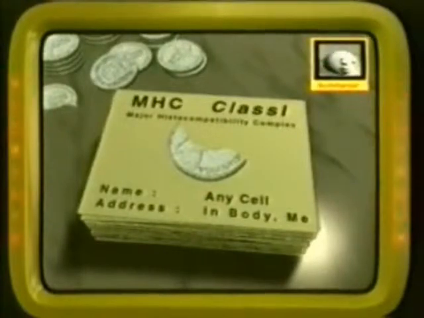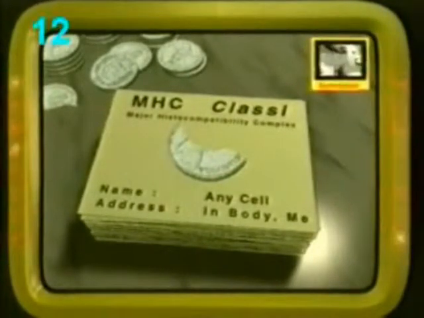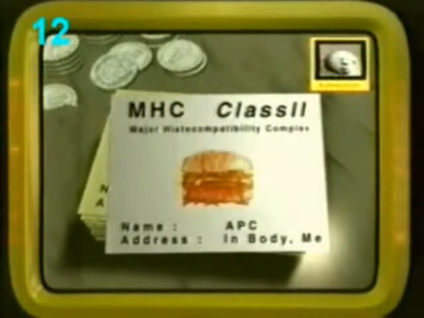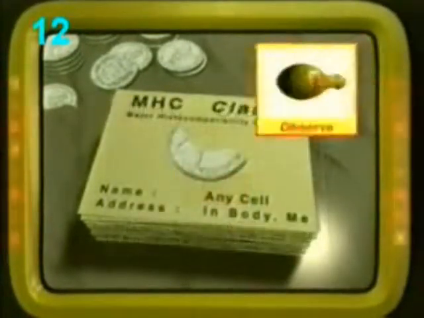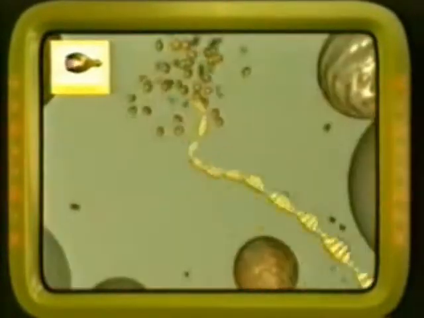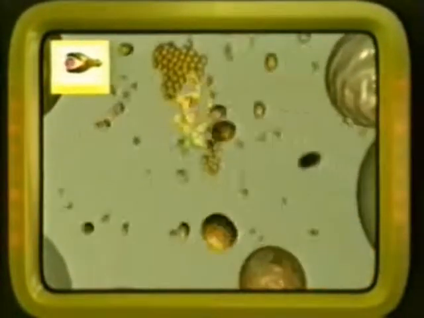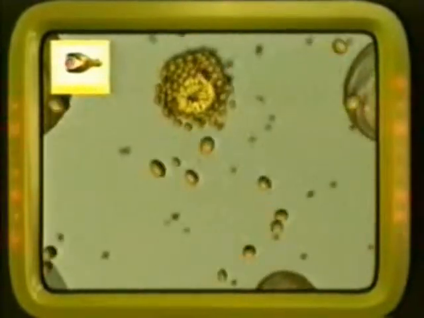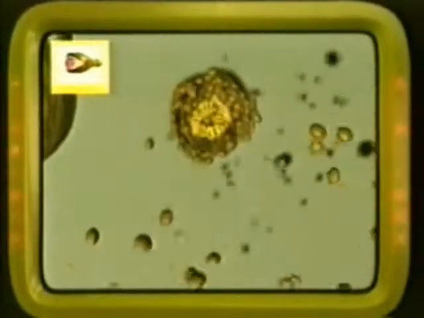With MHC class 2, it was bits of what had been eaten. Into our cell. It looks like new viruses are made.